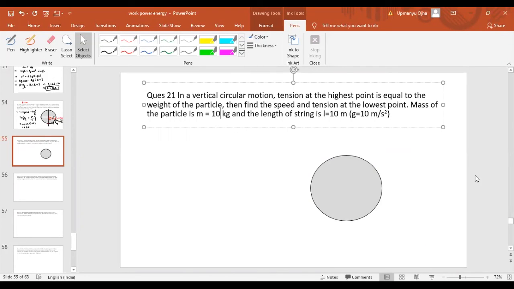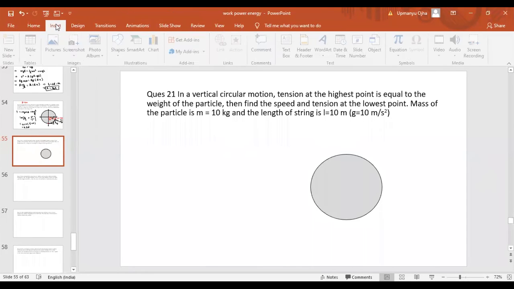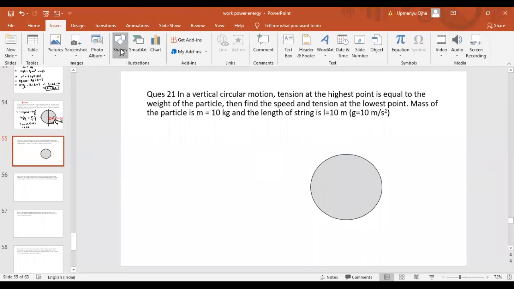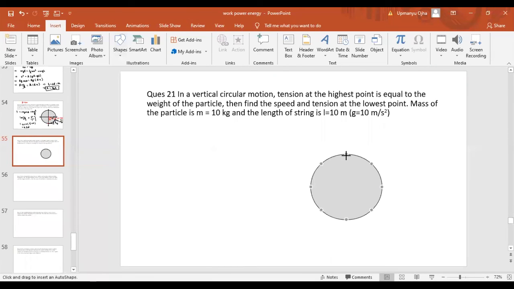We have to find the speed and tension at the lowest point.